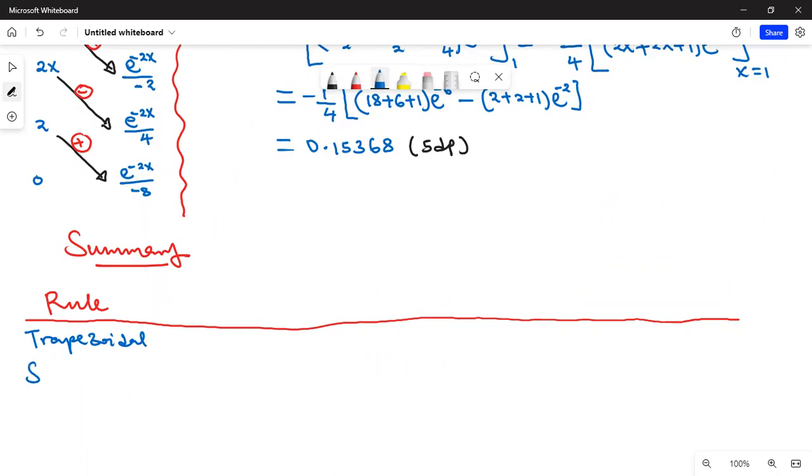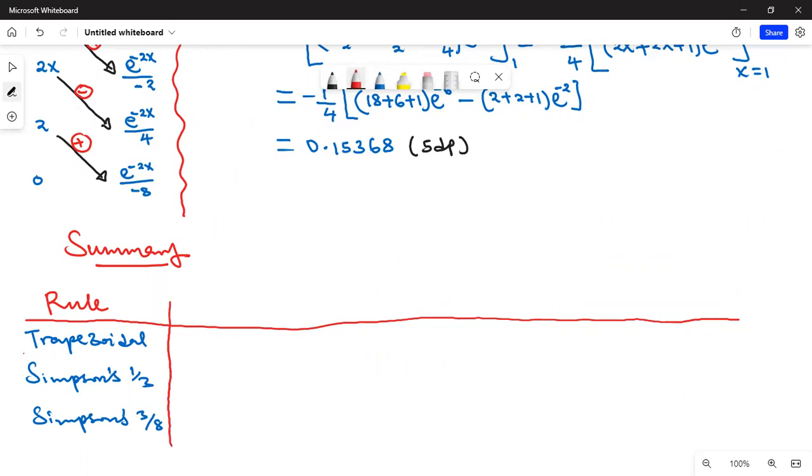Number 2 is Simpson's 1/3 rule. And the other one is Simpson's 3/8 rule. So those are the rules.